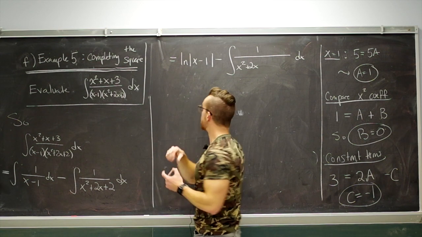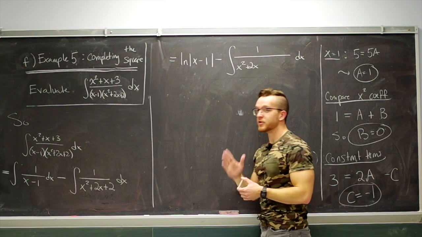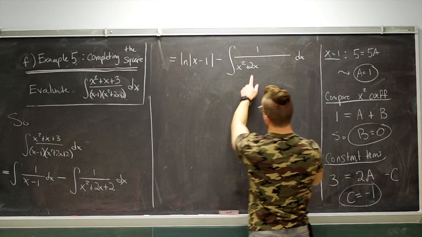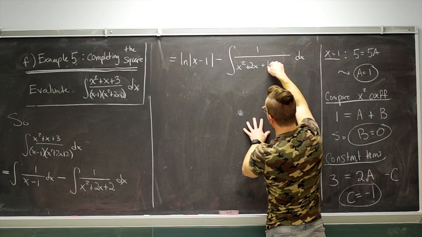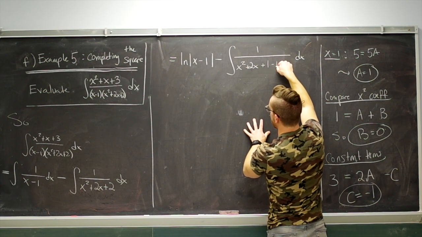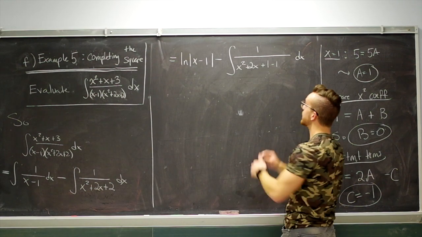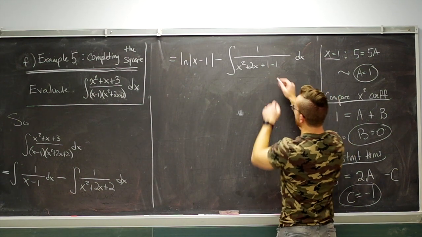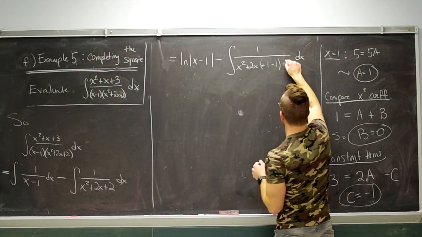That's what you want to add. Sorry, you want to add 1 squared. So 2 divided by 2 is 1, so I'll add 1, subtract 1, because I can't just add 1. That would completely change everything. So I added 1 and then subtracted 1, and then I have this plus 2.